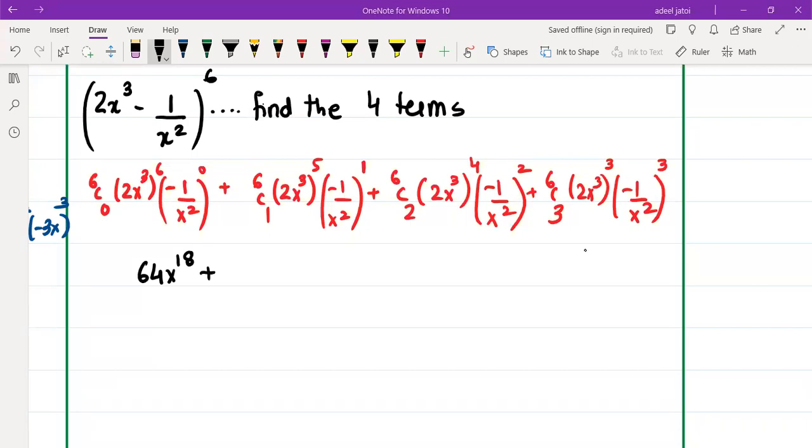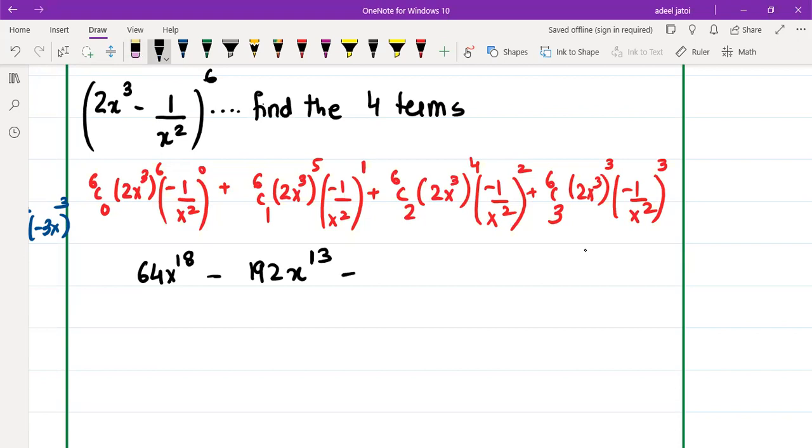Then we have 6C1 (2x³)^5 (−1/x²)^1. So 6C1 is 6, and 6 into 2^5 is also there. Minus 1/x² stays minus 1/x² because of the power 1, so the end result should be negative. And the final answer for this is −192x^13.